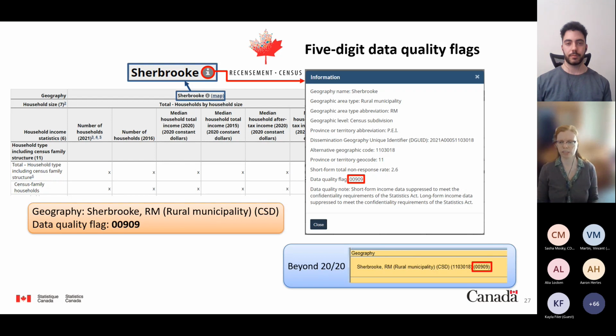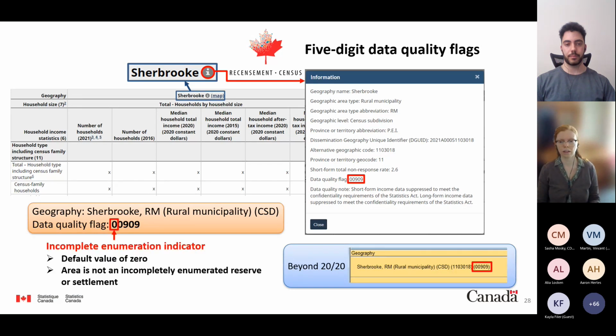The 5-digit flags are available for tabulations based on place of residence geographies. Each digit in the code has a separate meaning relating to data quality for either the short form or the long form. I'll briefly go through the digits and their interpretation. The first digit is the incomplete enumeration indicator.